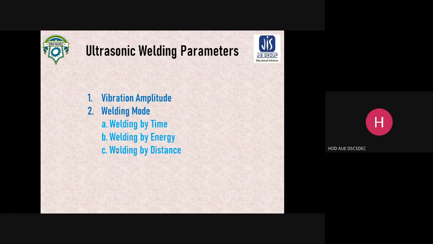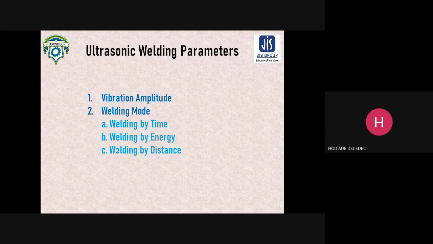If you arrange these parameters according to the quality of the weld joints produced, you will find welding by distance is best. When we perform ultrasonic welding following this mode, it will always give you the maximum joint efficiency.